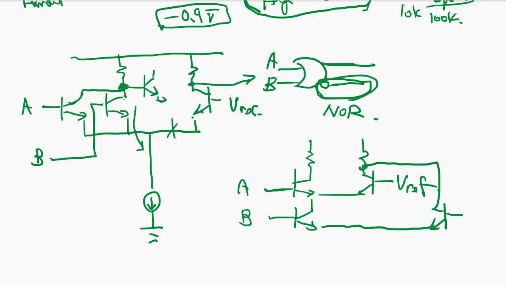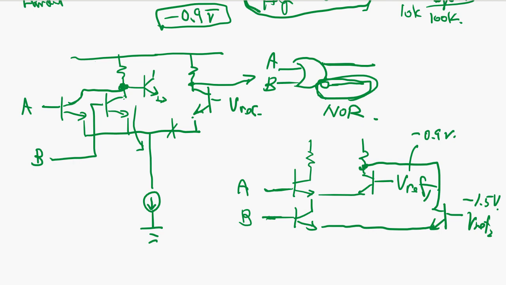Okay, so you need a V reference 1 and 2, second level. The second level A swing: this reference is minus 0.9 volt, and this is one level lower, so minus 1.5 volt.